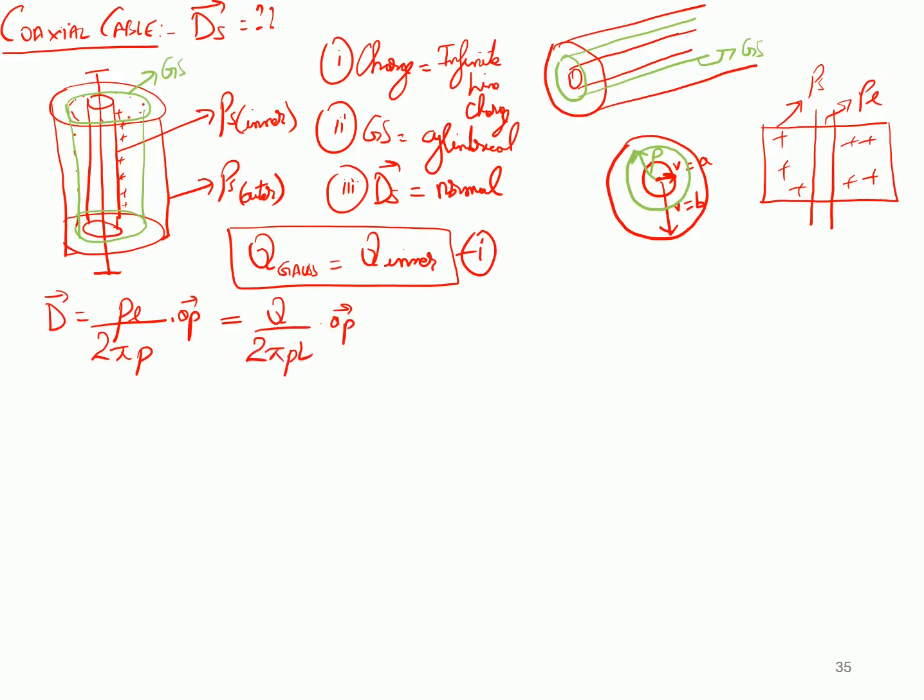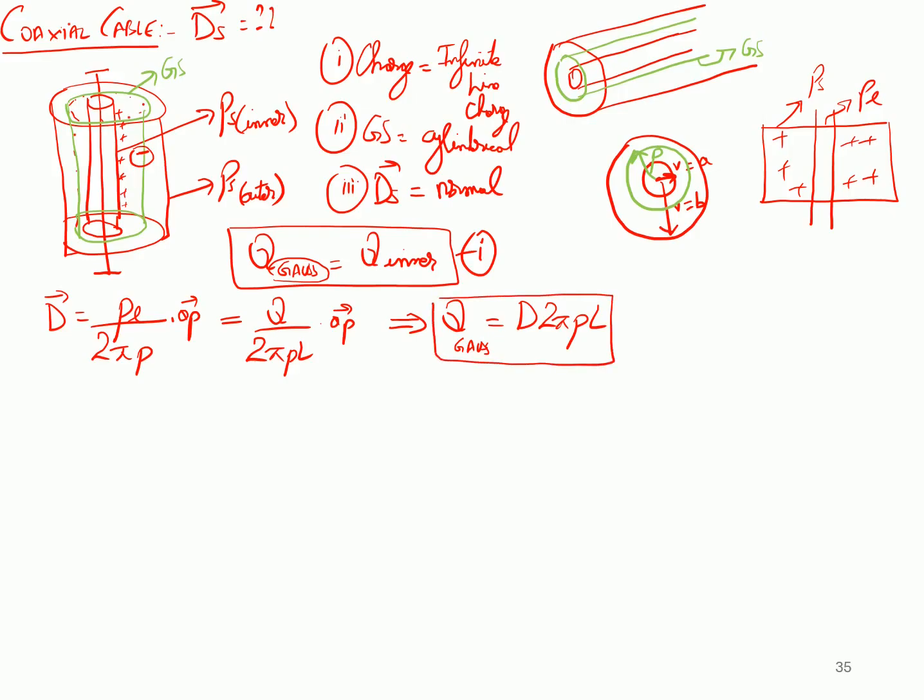Since I am interested in finding the charge distribution, I can write this as the charge is equal to rho L times 2 pi rho L, and since I want to know what is happening at the Gaussian surface, I can represent this as a Gaussian surface. Basically I want to know the value of charge at the Gaussian surface to verify equation number 1. So this is the first thing which I got.